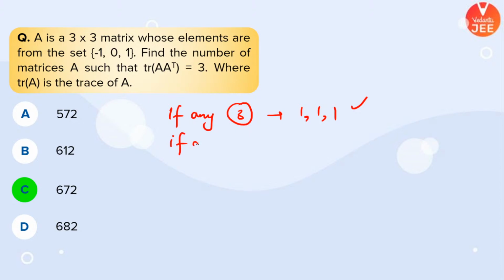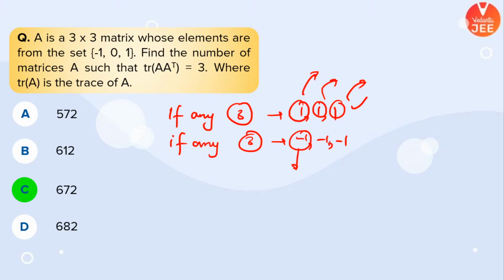If you take any 3, another case, and you call it as -1, -1, -1, because here also 1 ka square will become 1, 1 ka square will become 1, 1 ka square will become 1, -1 ka square will also become 1, -1 ka square will also become 1, and here also -1, and ultimately our trace will be nothing but 0 only. Rest 6, 0. Rest 6, 0 in this case as well.